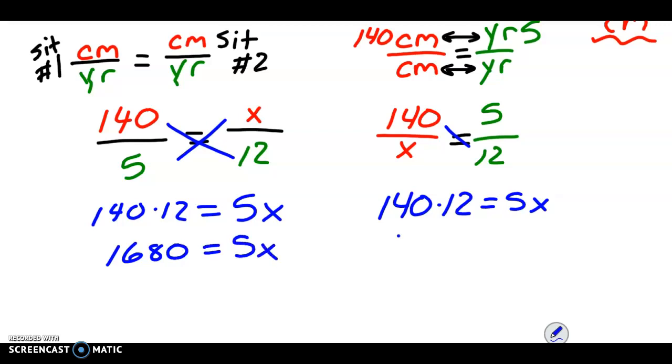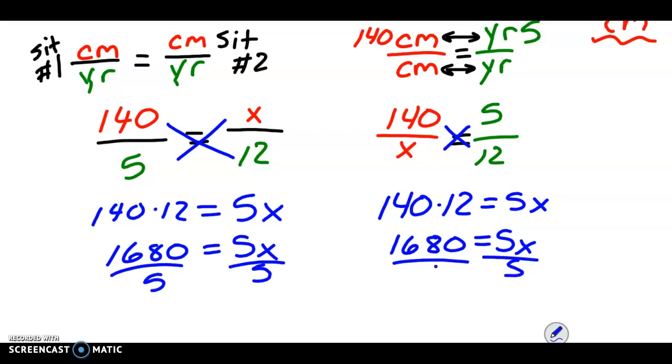So you can see, even when you do two different proportion setups, you're going to come up with the same equation. So then that x is going to be the same. If we divide by 5, it's going to be 336. So no matter which one of these you have set up, your x will equal 336. So it is going to sink 336 centimeters over a 12-year span.